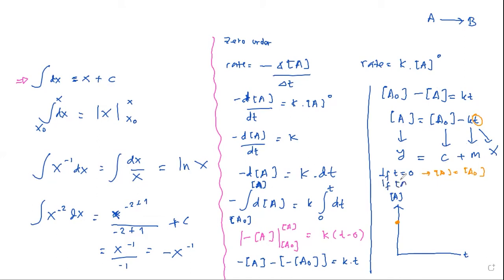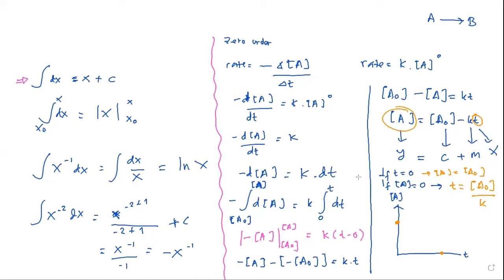If concentration A equals 0, then kt equals A0, right? So t equals concentration A0 over k. So concentration A will be 0 at time A0 over the rate constant.